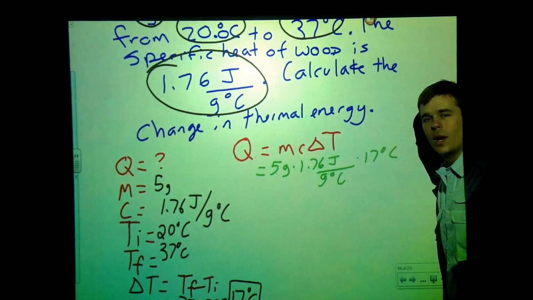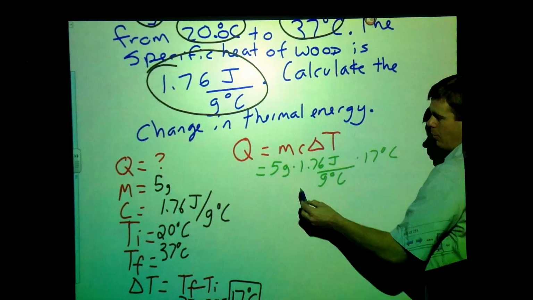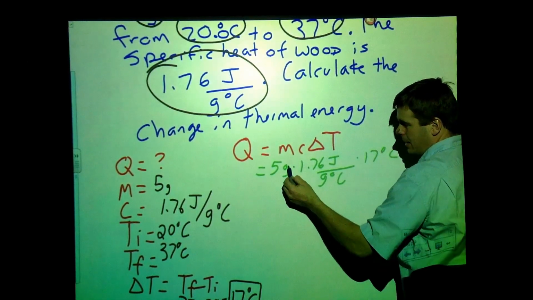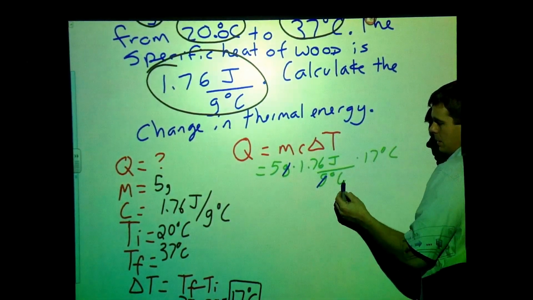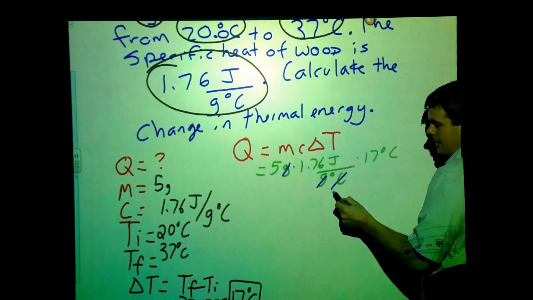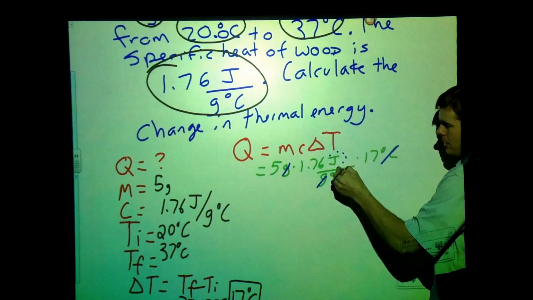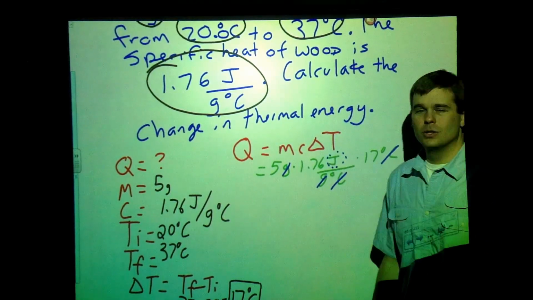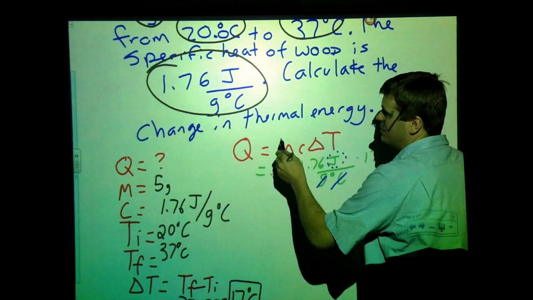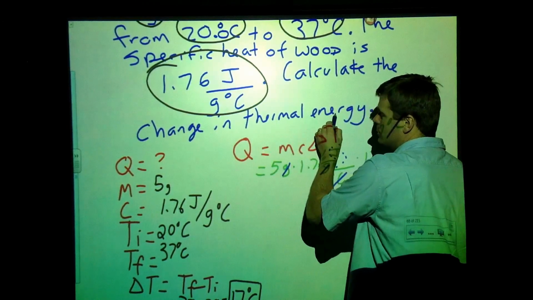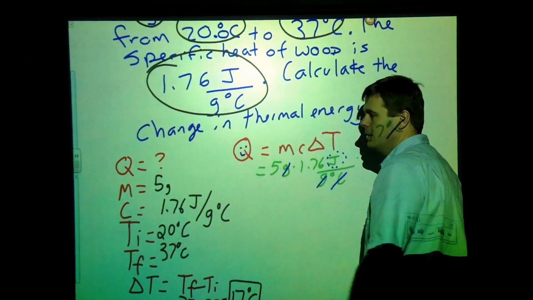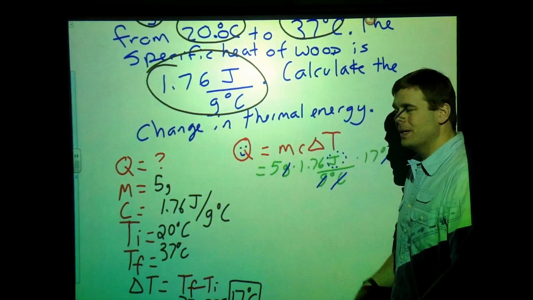Before I go further, check it out. Grams in the numerator, grams in the denominator. They cancel. Celsius in the denominator, Celsius in the numerator. They cancel. I'm left with joules, which is a pretty good thing because I'm asked to figure out the change in thermal energy, which is measured in joules. So I know I'm getting my problem right.